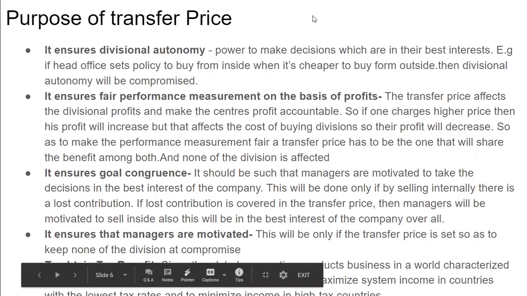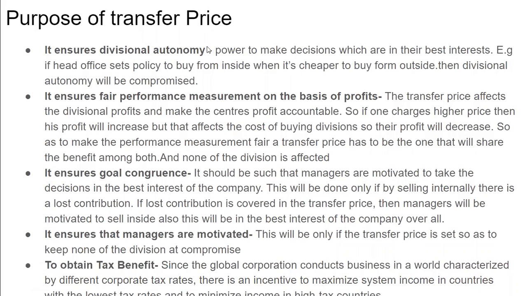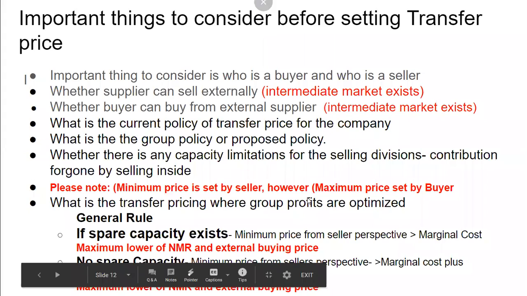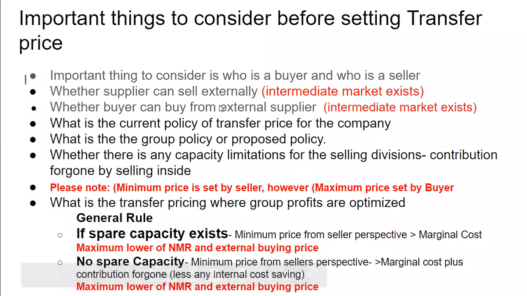So now I am moving on to the general rule. What does the general rule tell you? The important things to consider before setting a transfer price or doing a transfer pricing question in the exam: you need to know who is the buyer and who is the seller.